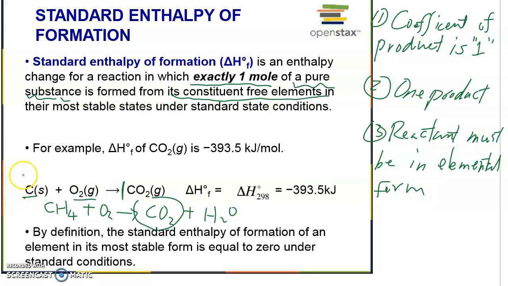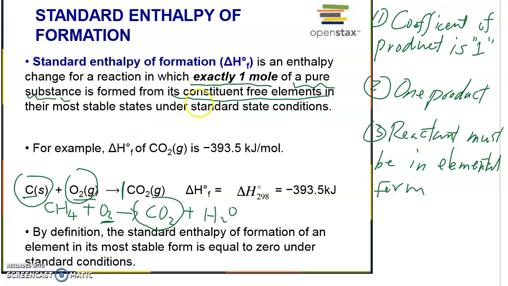Let's look at this. This one, carbon, yes, elemental form. Oxygen, yes. In the example that I gave earlier, oxygen, yes, it is. But methane is not. Why? Because it's a combination of more than 1 element.